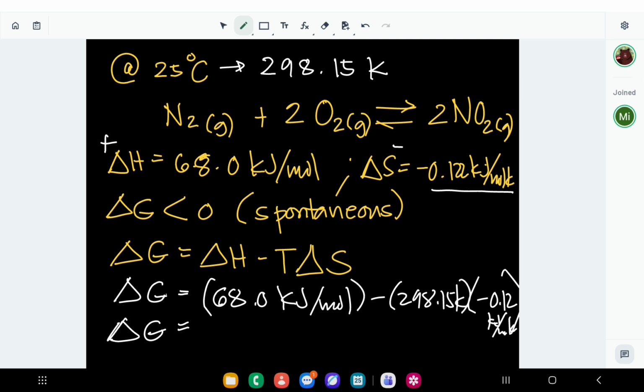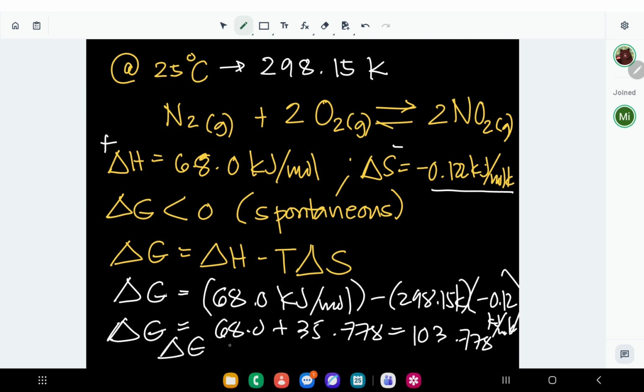It's positive, right? 298.15 times 0.12. So this is 68.0 plus 35.778, which is positive, 103.778. Take note here, delta G is greater than 0.